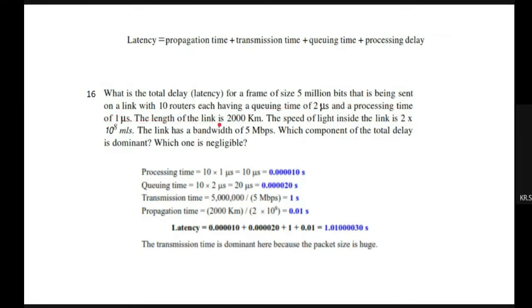The length of the link is 2000 kilometers. The speed of light inside the link is 2 into 10 power 8 m/s. So what is the total delay? You have to find the processing time, queuing time, transmission time and propagation time. You should apply all the values in the latency formula. Then you can find the final answer.